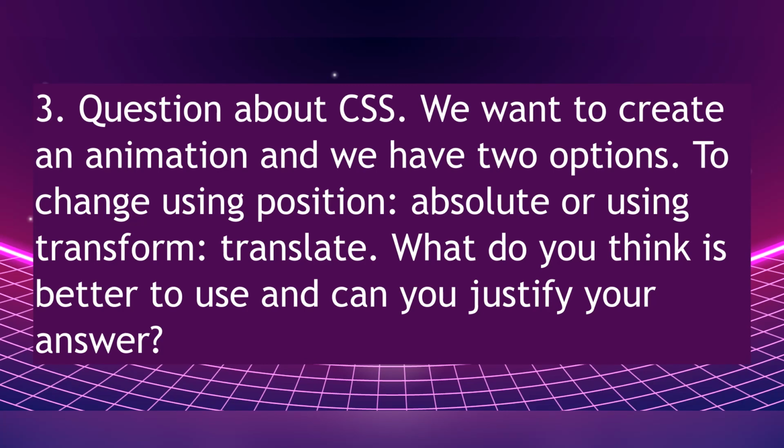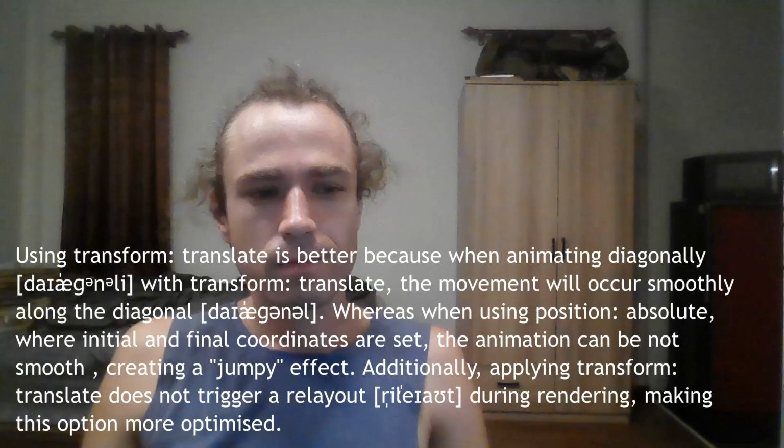Question about CSS. We want to create an animation and we have two options: to change using position absolute, or using transform translate. What do you think is better to use and can you justify your answer?